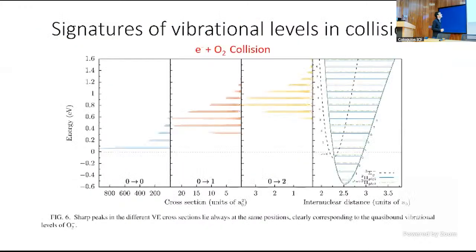Then, if you have these vibrational levels, it will impact, for example, the cross sections for electron scattering. This is total electron scattering in O2, calculated by the same guys. This is inverted, so this is basically the electron energy, the projectile, and you see that you have intermediate states, metastable ones. The electron will be at the target for some time, and then this intermediate state can be different ones, and then the final one.